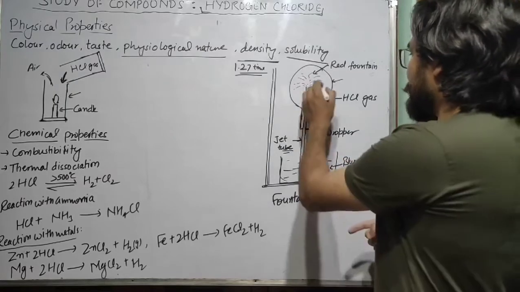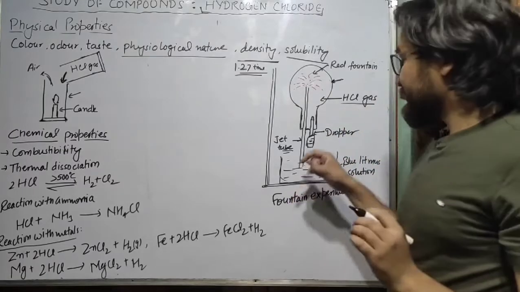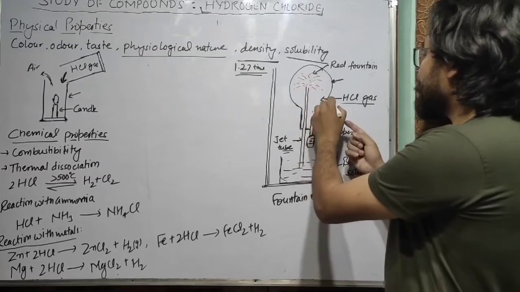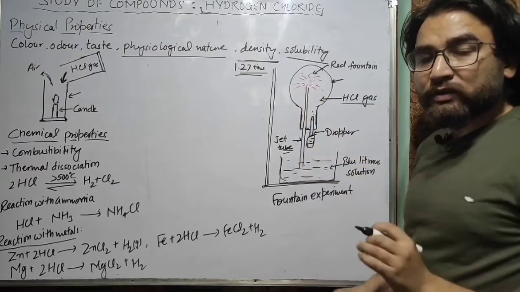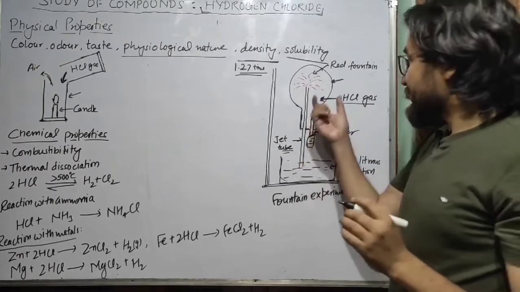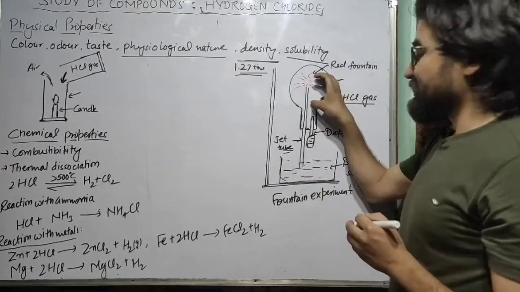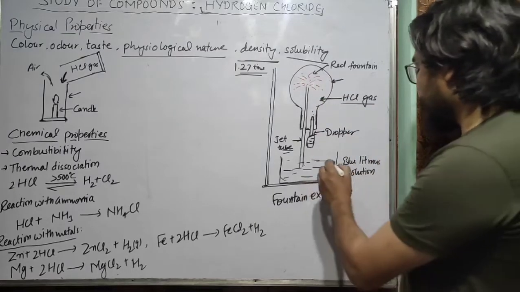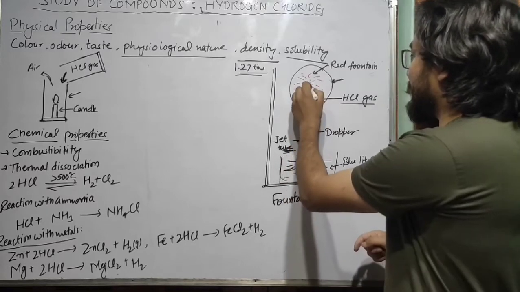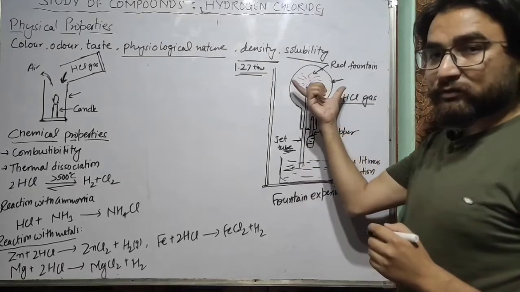The round bottom flask is filled with HCl gas. Whenever the dropper is squeezed, the water will move into the round bottom flask, and the HCl gas will be absorbed by water. Because the HCl gas present in the flask is absorbed by water, there will be a partial vacuum in the flask, due to which the blue litmus solution will be sucked up the jet tube, and here you will see the red fountain of the solution.